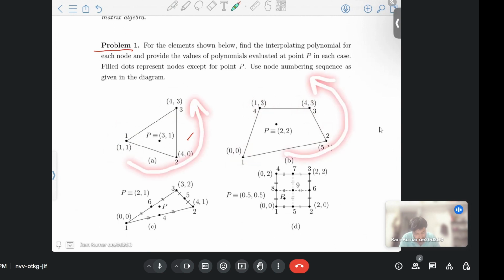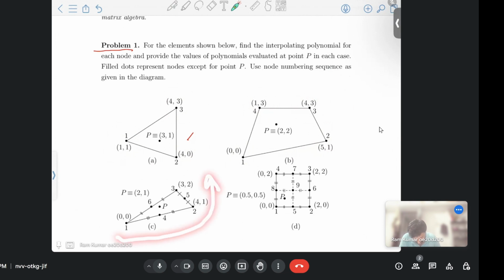Similarly for figure C also, anti-clockwise 1, 2, 3. So these are the 4 elements, and for these elements we have to find the interpolating polynomial.